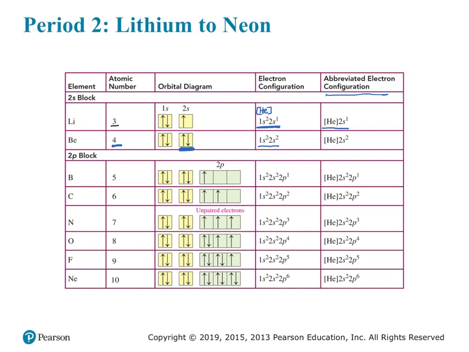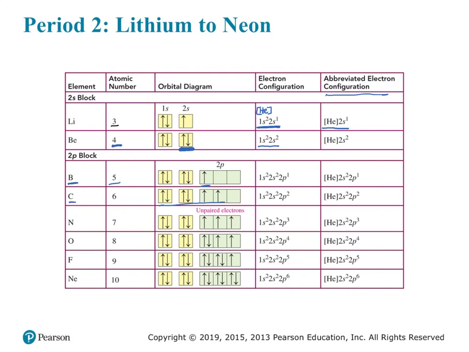Okay, so moving on to boron. Now we have 5 electrons, so we're starting to fill in the 2p sublevel. So we'll put the extra electron there in the 2p sublevel. And then carbon we already looked at, so we saw that there were 2 electrons in the 2p orbitals.